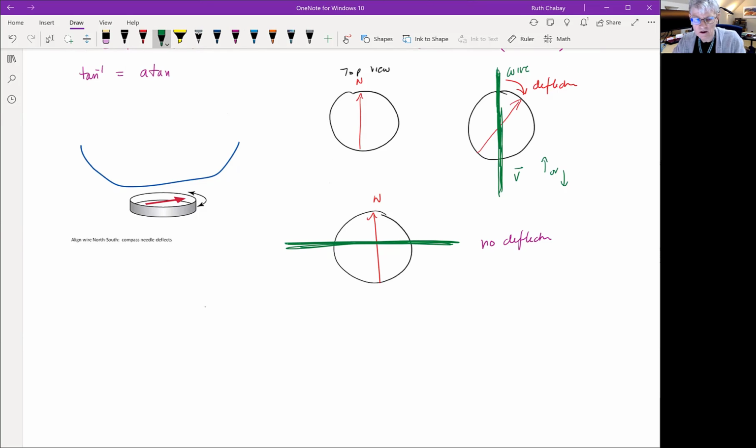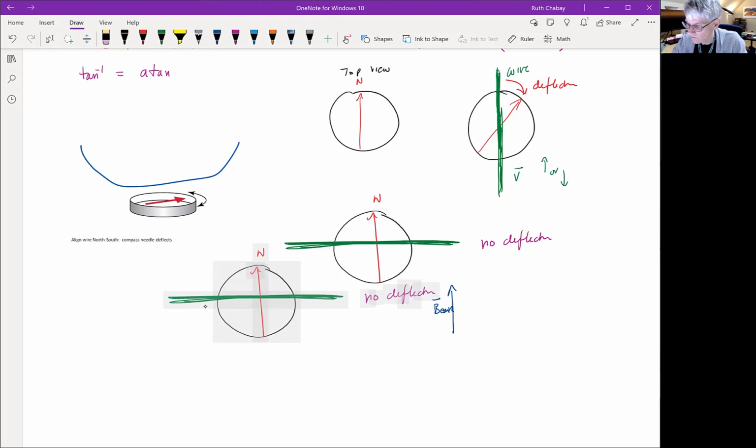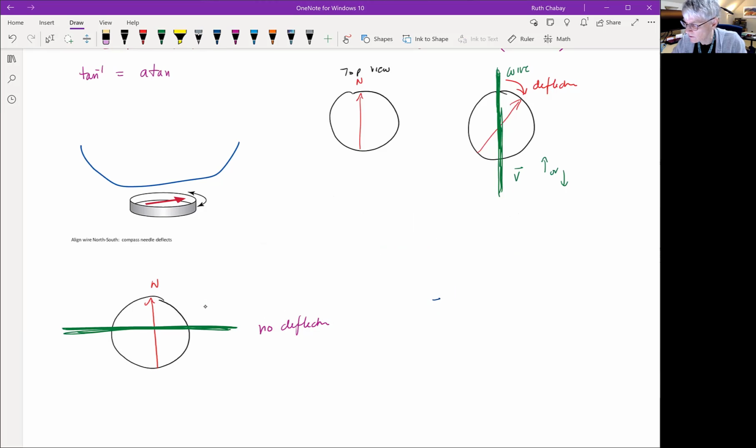Because here's our diagram. We have the magnetic field of the Earth. Let's move this over here so we can actually put this where it belongs. So in this case, we have the magnetic field of the Earth, and we have the net magnetic field.